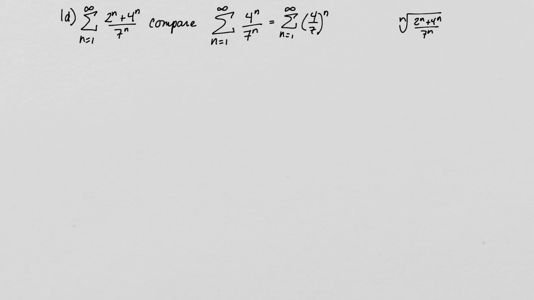On the top you would still have the nth root of 2 to the n plus 4 to the n. The most you can simplify this is the nth root of (2 to the n plus 4 to the n) over 7, and that's not any nicer. So that's why I wouldn't use the root test. Does that make sense?